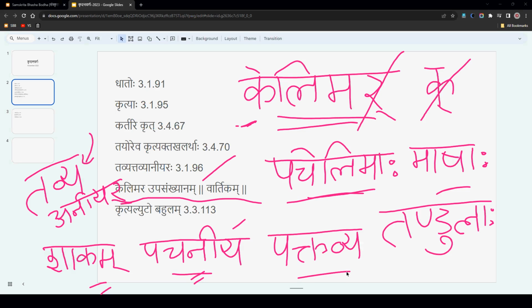So in the case of pachaniya, paktavya, we can also use pachelima. Shakam pachelimam. Or tandulaha, depending on the visheshanam. Shakam pachelimam. Tandulaha pachelimaha. Mashaha pachelimaha. The meaning is the same. Tandulaha pachelimaha means the rice grains should be cooked.